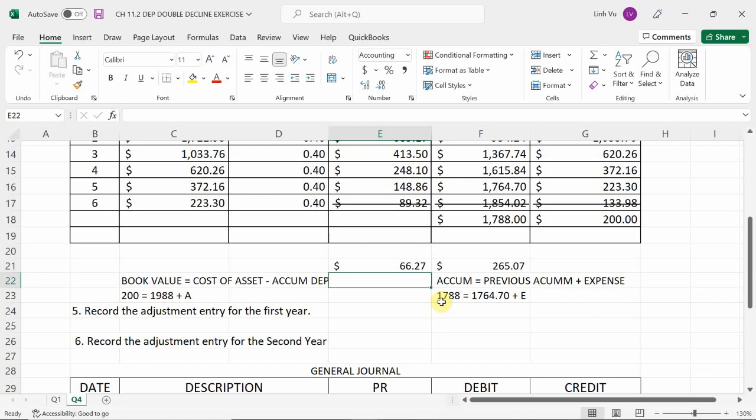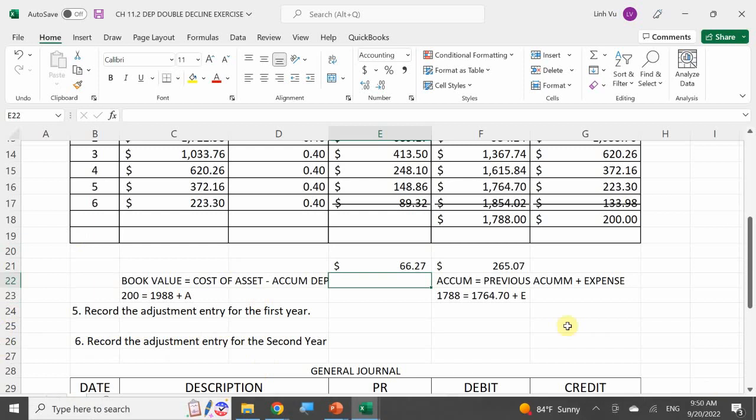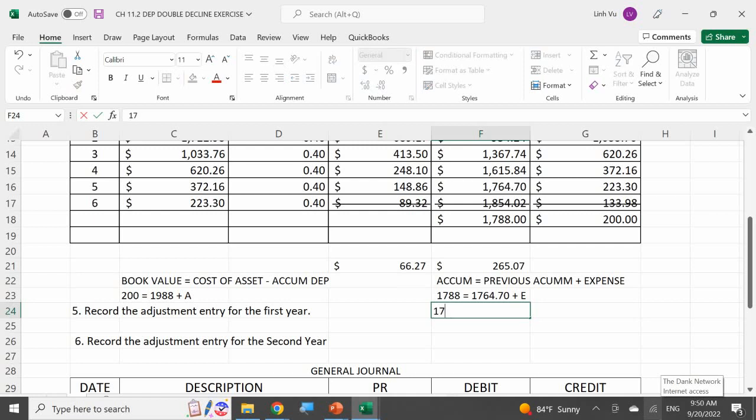Is there something that you're confused about in this equation? Okay. Let's look at this equation one more time. This is the same exact equation. I'm currently at 1764.70 right now, right?